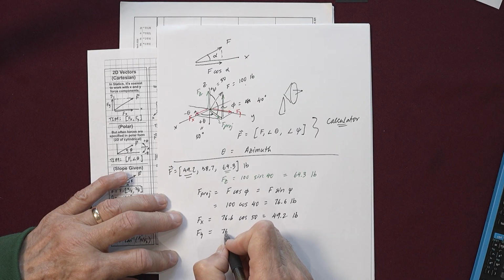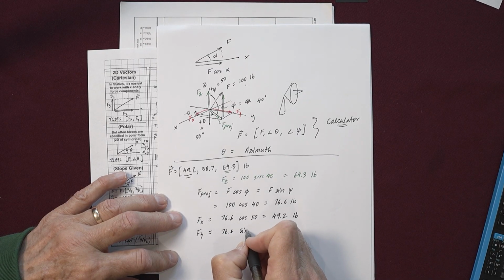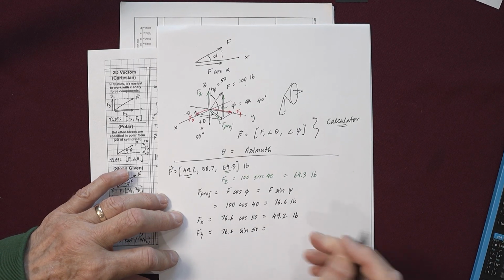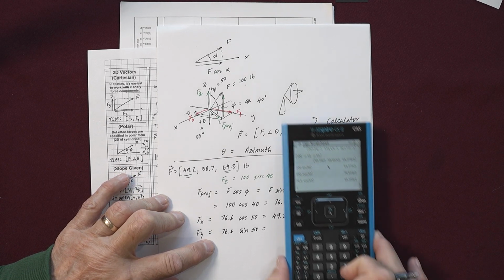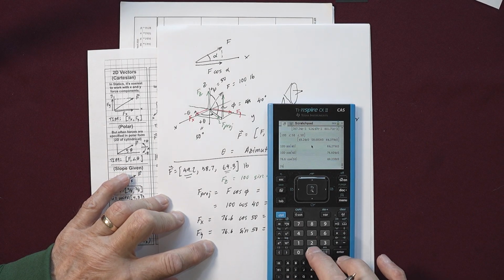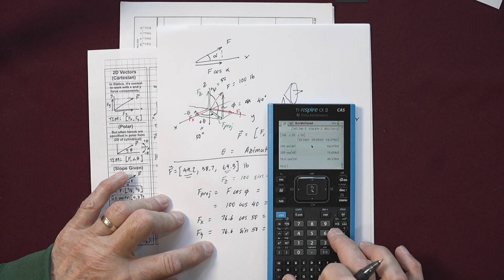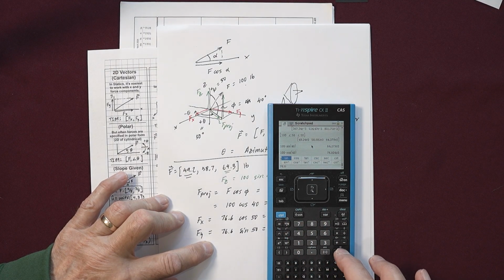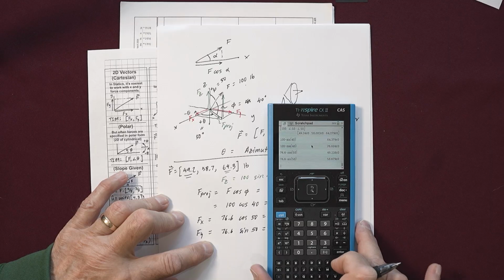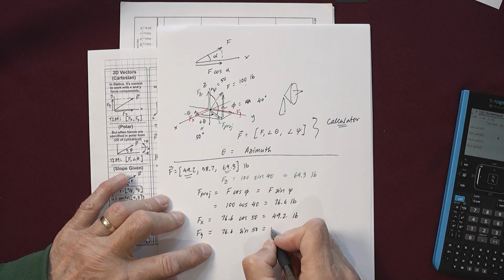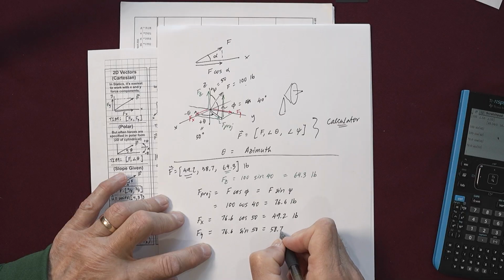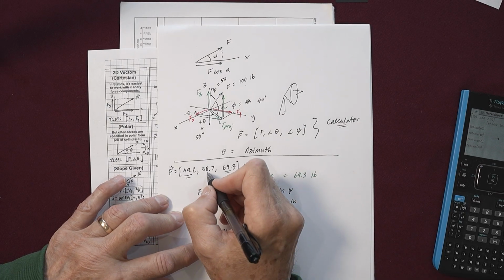So this is 76.6 sine of 50. And 76.6 times sine 50 is 58.7. 58.7 pounds, which is that.